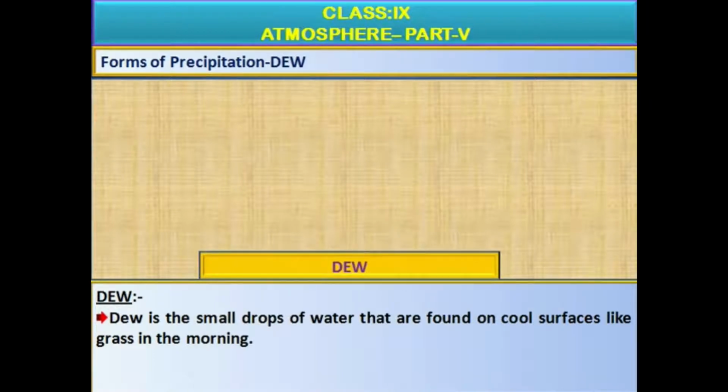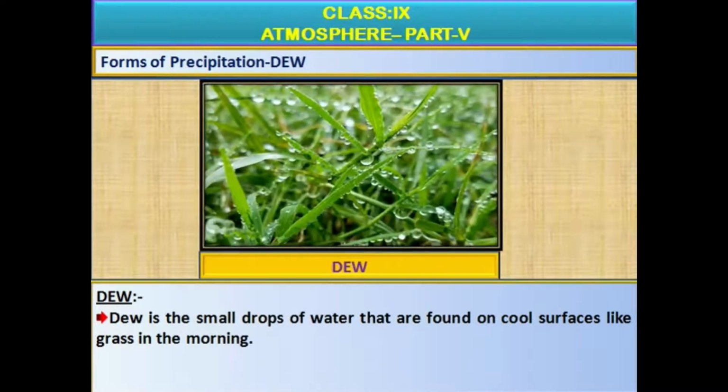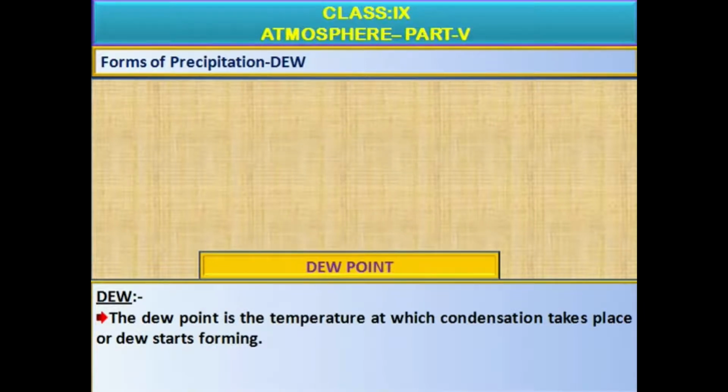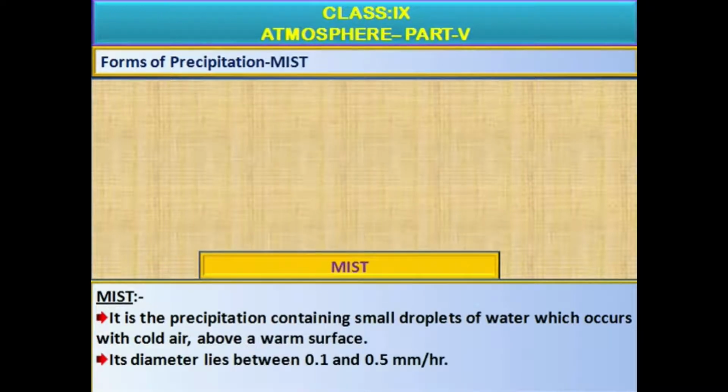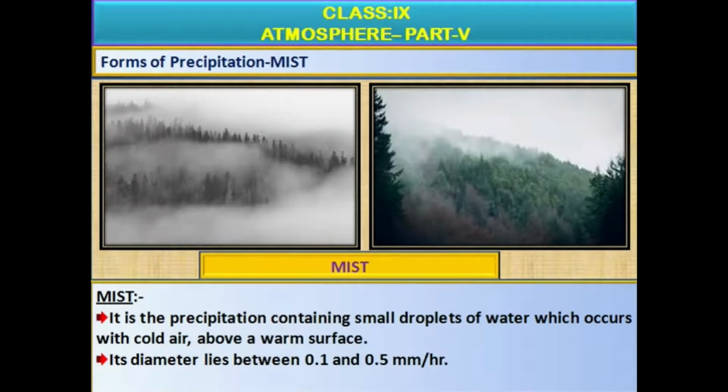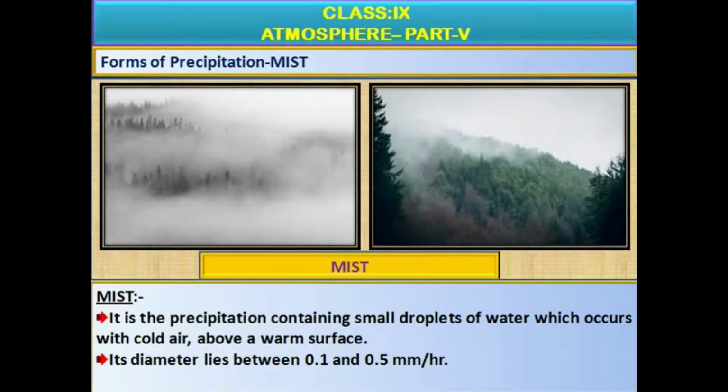Dew is the small drops of water that are found on cool surfaces like grasses in the morning. The dew point is the temperature at which condensation takes place or dew starts forming. It is the precipitation containing small droplets of water which occurs with cold air above a warm surface. Its diameter lies between 0.1 and 0.5 millimeters per hour.